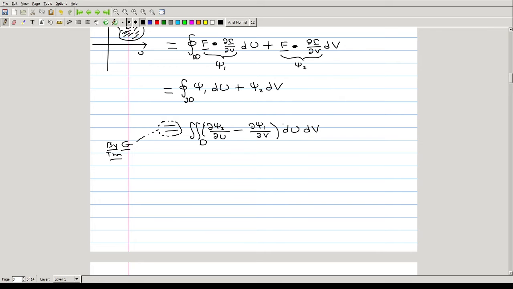And this is going to be the key, because this thing is going to actually reduce to exactly what we want.